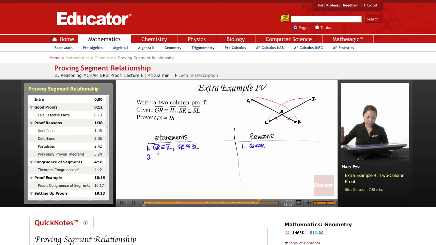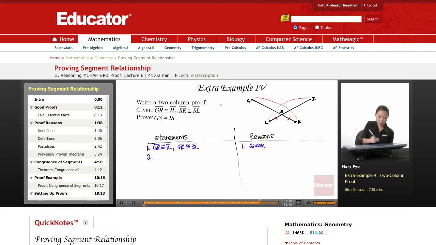Step 2. Now, look at this again. Whenever you deal with whole segments with their parts, we're going to use the segment addition postulate. So you want to try to break it up into its parts.